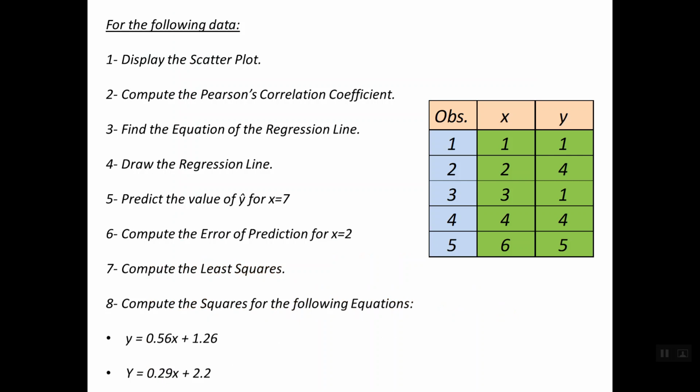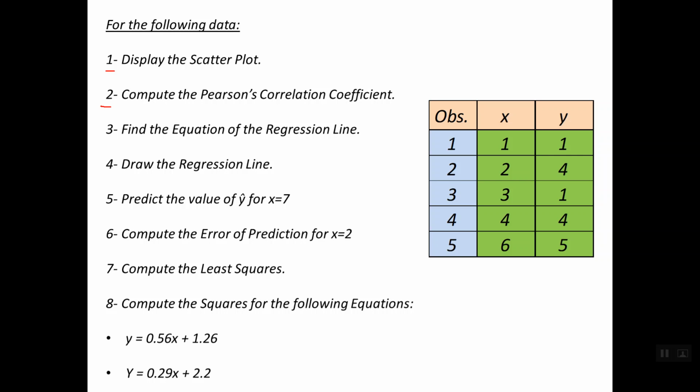Let's understand all of these concepts by solving these questions together. We have here data with 5 observations for both x and y. The first part of the question is to display the scatter plot. The second is to compute the Pearson's correlation coefficient.